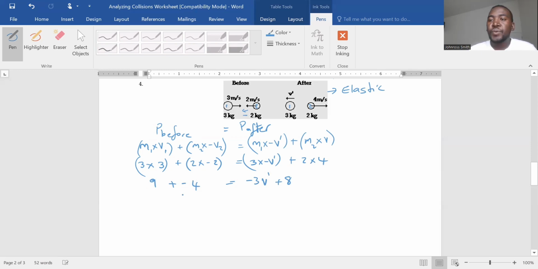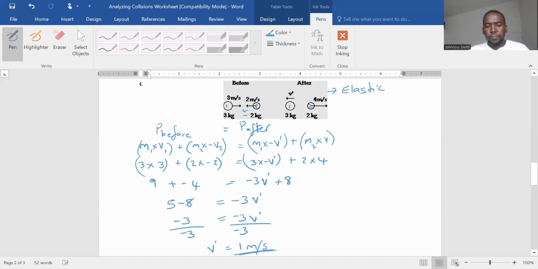So 9 minus 4, we get 5, and we take the 8 over, so it becomes negative 3 equals negative 3v'. We divide by negative 3 on both sides. We get v' in this case would be 1 meter per second.